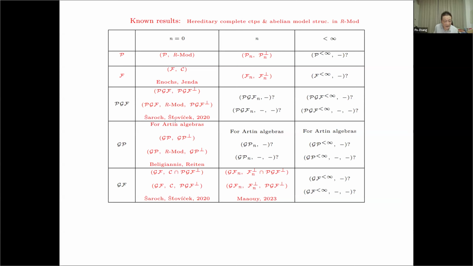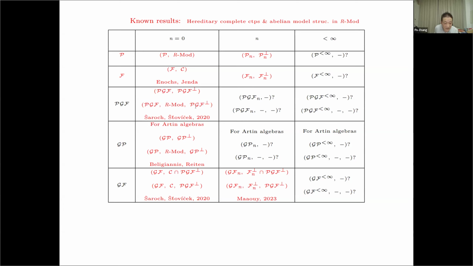In their paper, Šaroch and Šťovíček give this model. This is a hereditary and complete cotorsion pair, and they give this Abelian model structure. This is given in Hovey triple.